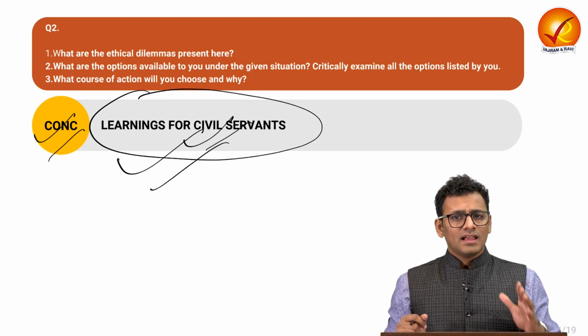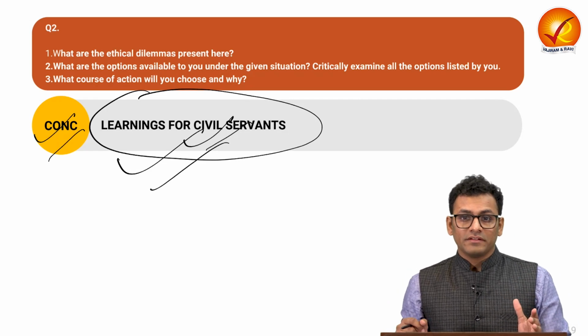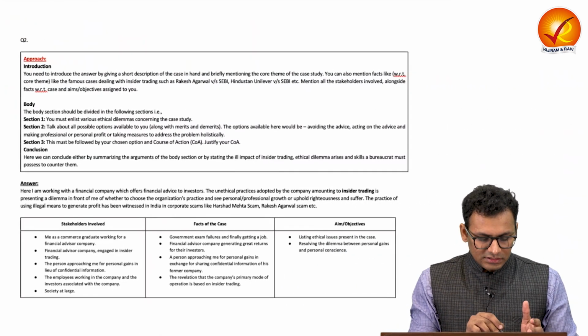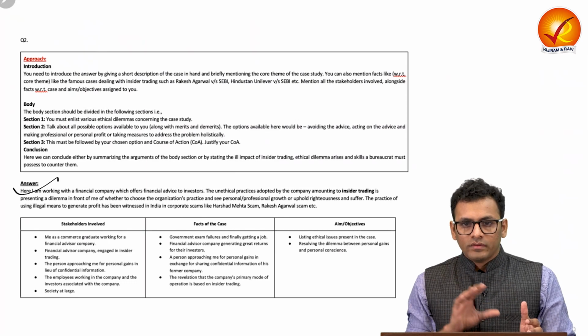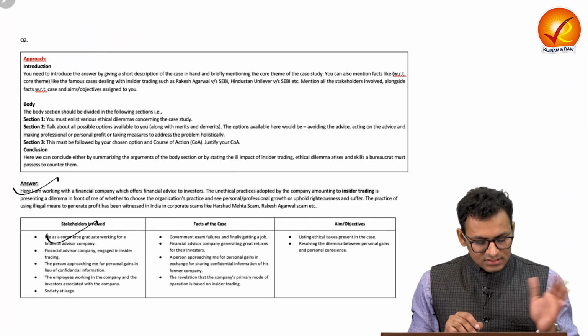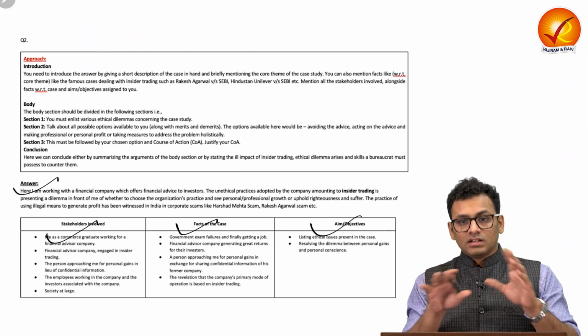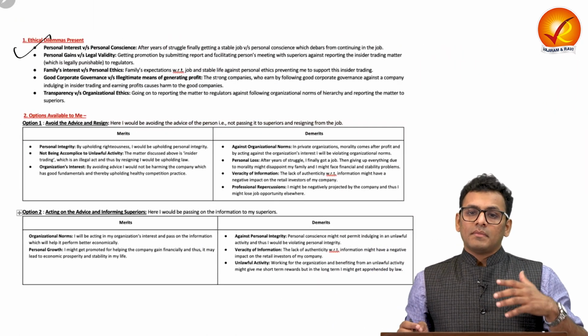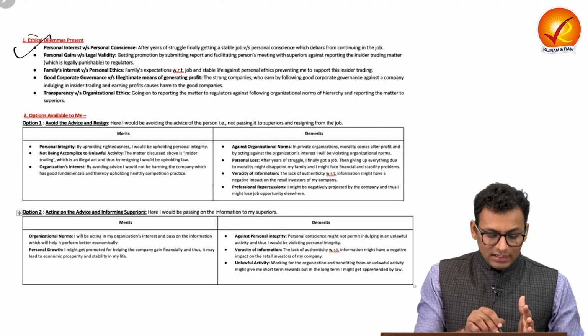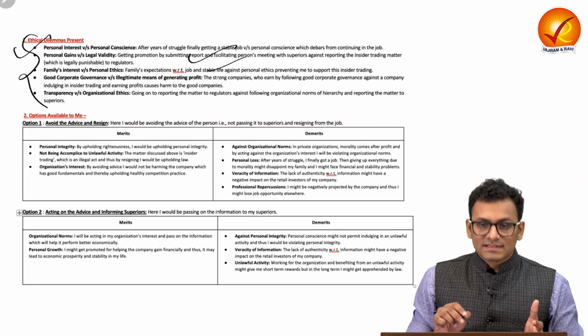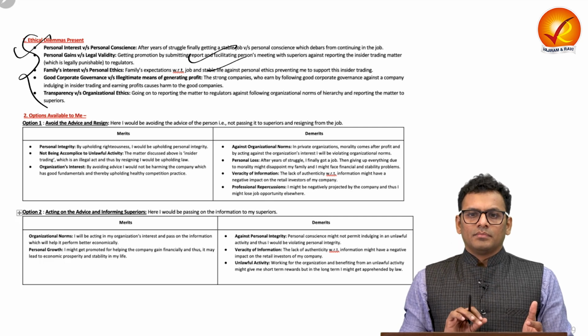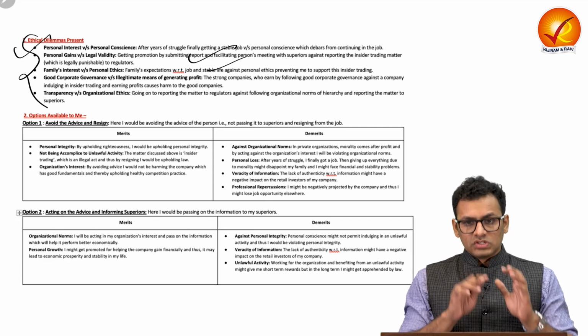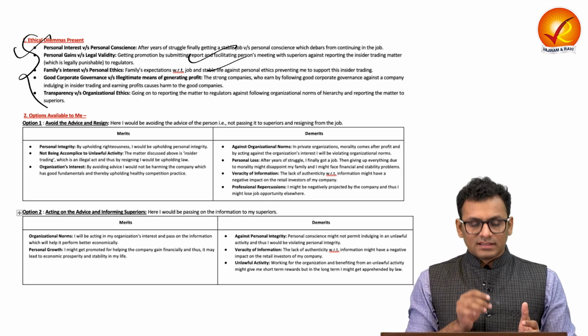Let's see the model answer and understand how can we inculcate the same in our answer writing practice. In the introduction, you can talk about the overview, you can talk about the stakeholders, the facts of the case, the objectives of the case study. You can talk about the ethical dilemmas in the body, as in heading 1. You can list down all the ethical dilemmas and you can explain the same, that how exactly the person, as in the employee, is facing ethical dilemmas.